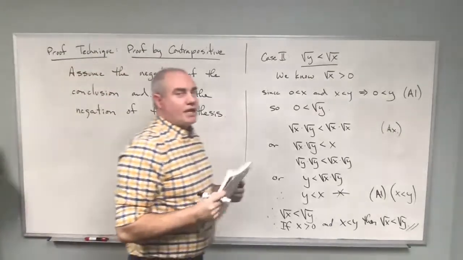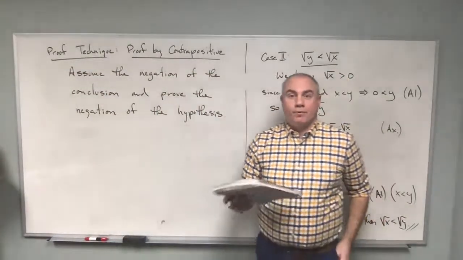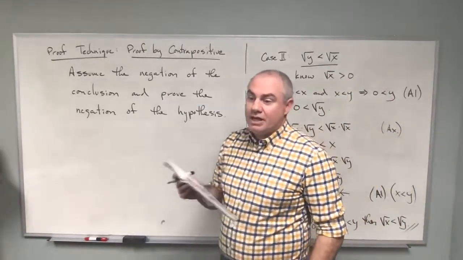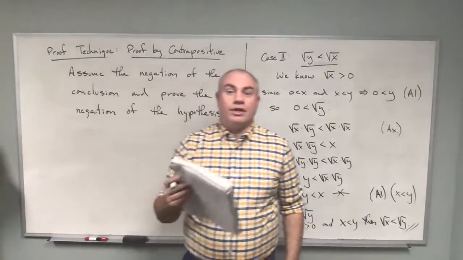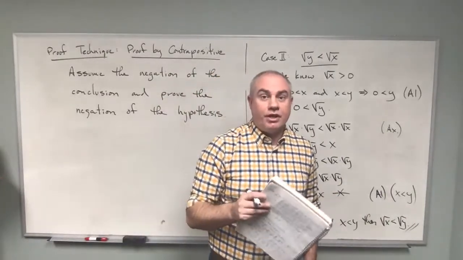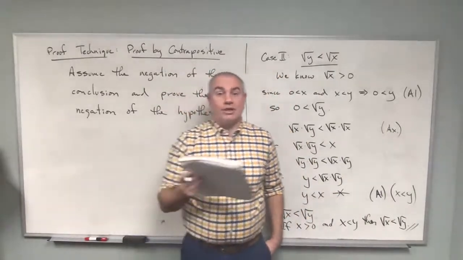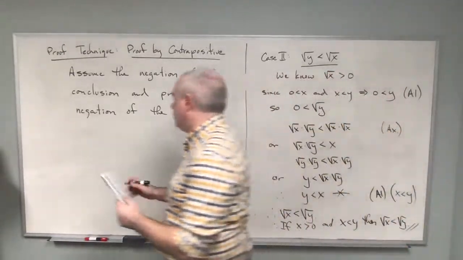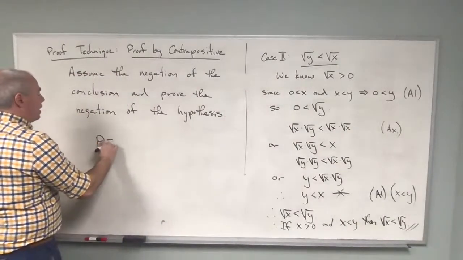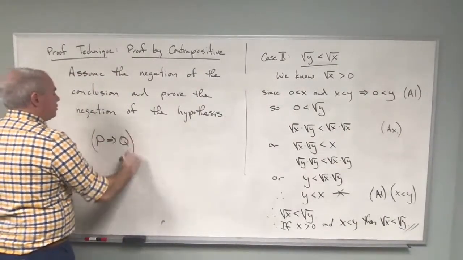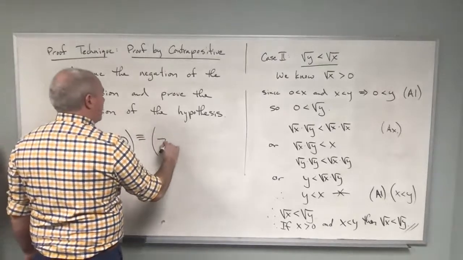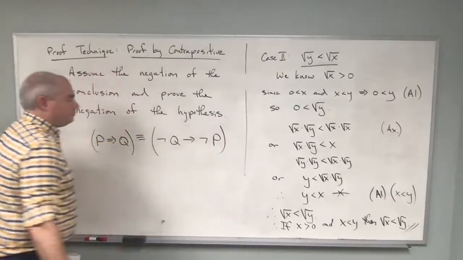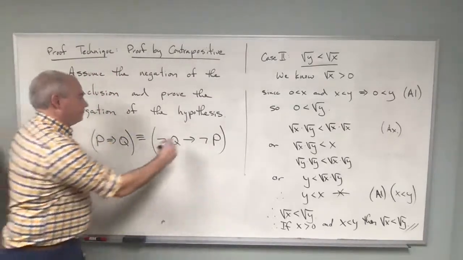This is kind of like a brother to the proof by contradiction, but it is different. You don't assume anything about the hypothesis. You only assume the negation of the conclusion. Then you actually prove the negation of the hypothesis. In other words, you're using the fact that P implies Q is logically equivalent to not Q implies not P. That's what you're doing.